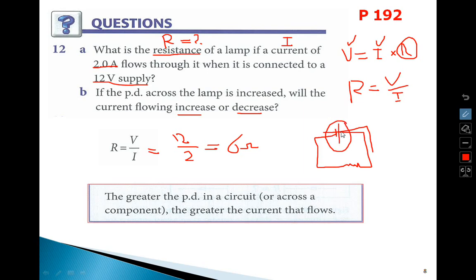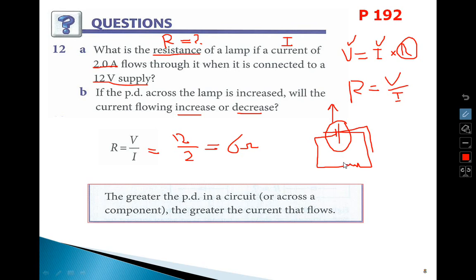It's the source of voltage, which is responsible for pushing current moving through the circuit. If we increase the value of V, then immediately the value of I will increase.